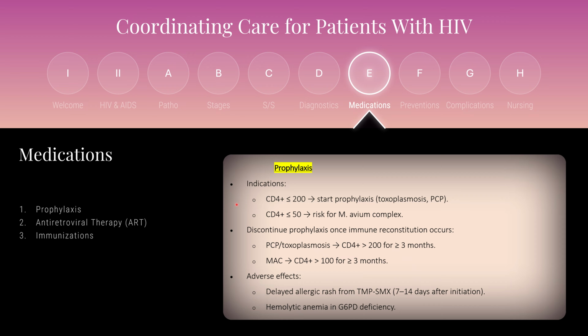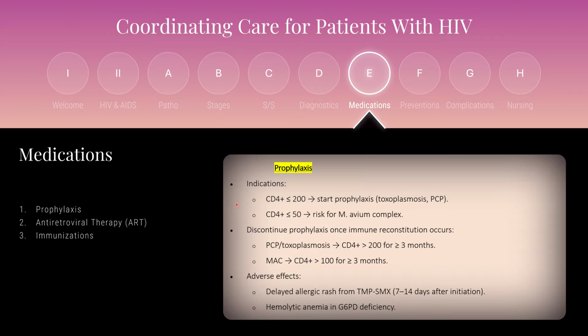And ART monitoring and treatment goals. Before starting ART, evaluate hepatic and renal function to determine medication safety. With ART, CD4 plus count increases and HIV viral load decreases, undetectable within 6 to 8 weeks.